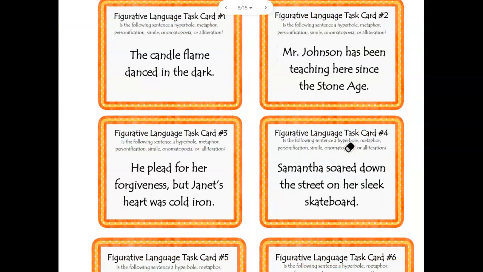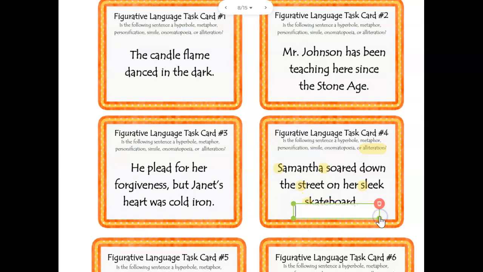Samantha soared down the street on her sleek skateboard. Now the beginning sound S repeats a lot in this sentence. If the same beginning sound is being repeated, what type of figurative language is that? That's alliteration.